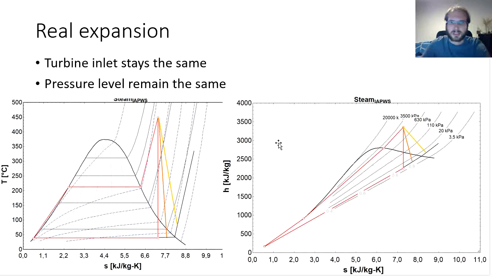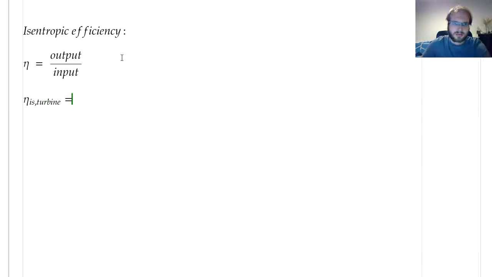Now let's have a look at how to include our efficiency into the calculations. Any efficiency is always the ratio of output against the input. So for our turbine isentropic efficiency, this ratio will be the ratio of the output, which is the net work of the turbine, or real work, let's call it W turbine real.